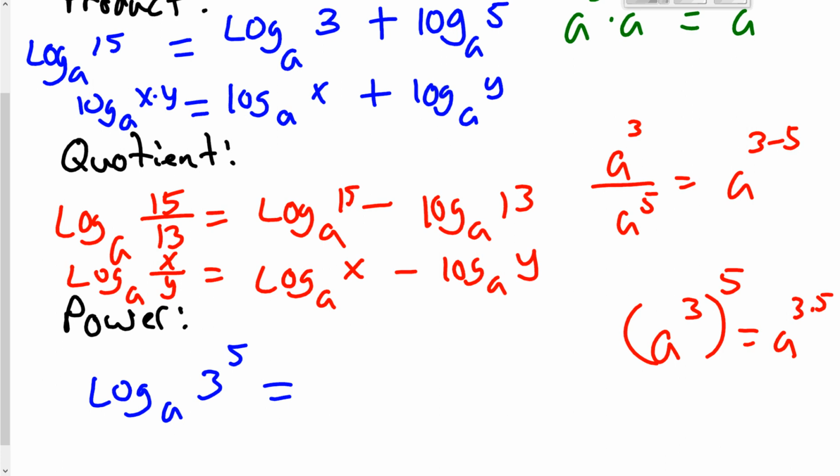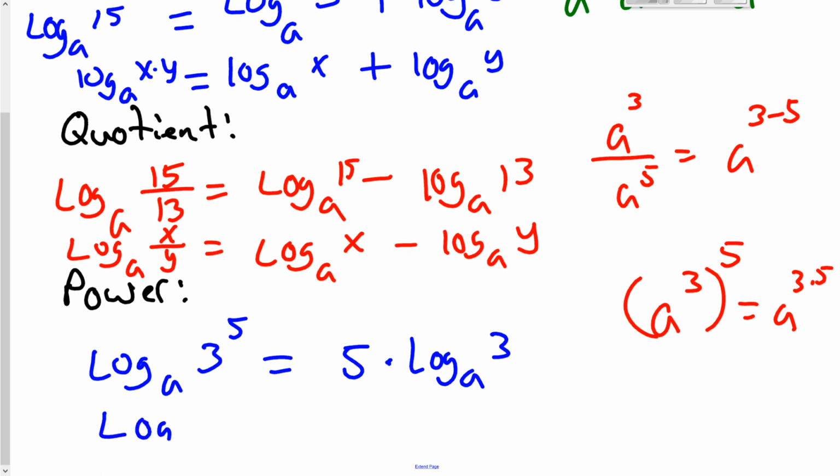I actually multiply the exponent times the log. So the exponent is being multiplied by the log with that same base. More generally, the log with base a of x raised to y is y times the log with base a of x.